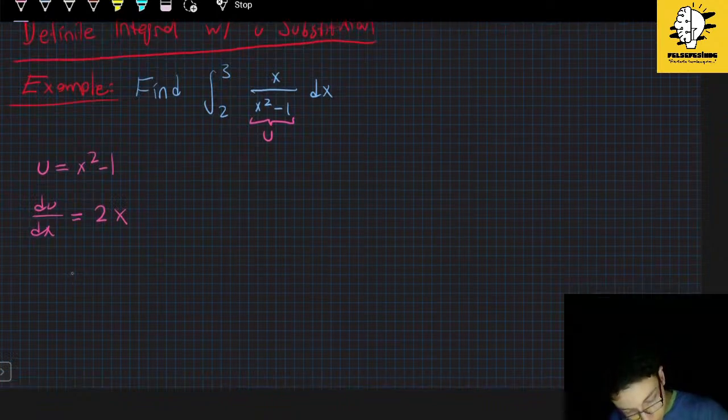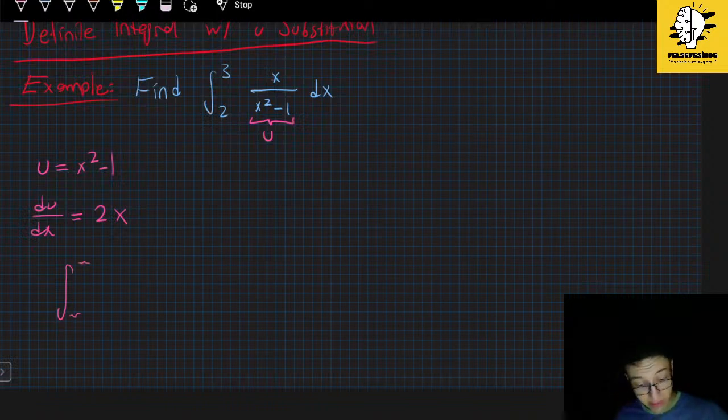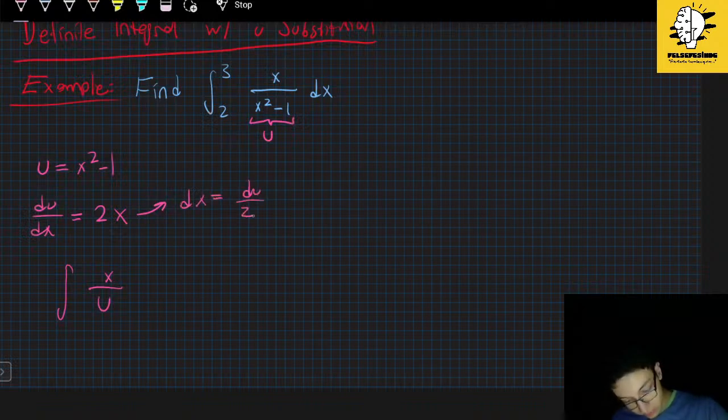my integral will now be, I will not write the limits here, I will just keep them for you to answer. So x over u, and instead of dx, dx is equal to du over 2x. The x's will cancel each other, hence we will have du over 2u.